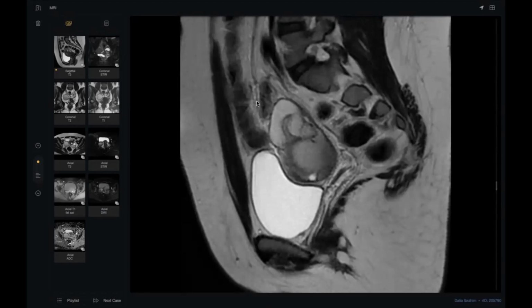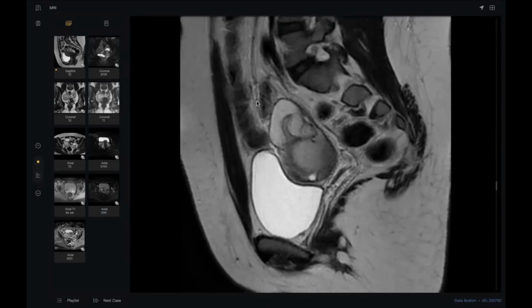There is also a tubular structure adjacent to it, showing hyperintensity on its superior aspect. So I believe that this is likely arising from adnexal origin involving the tube.